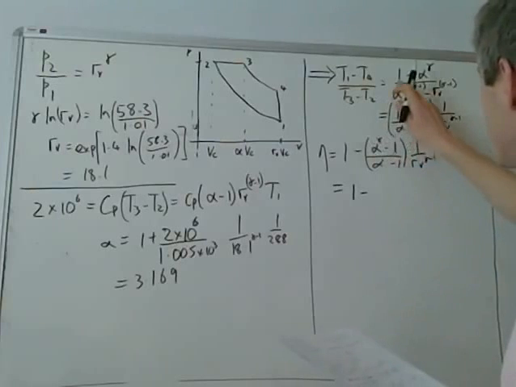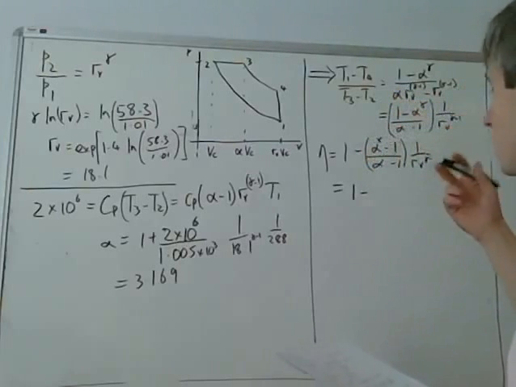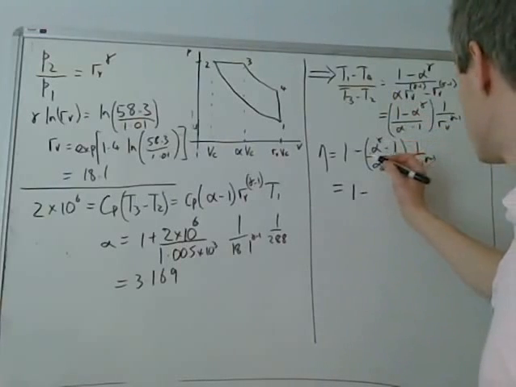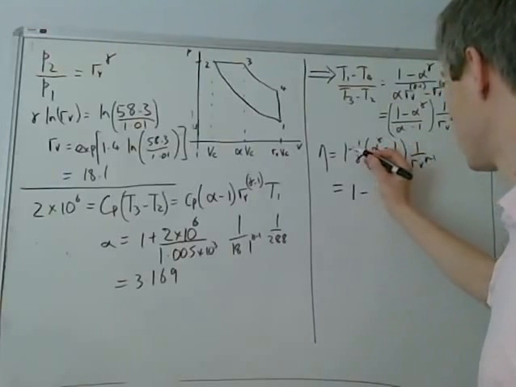Okay, so I should have multiplied or divided by gamma as well, because in the ratio of the heats there was a factor of gamma.